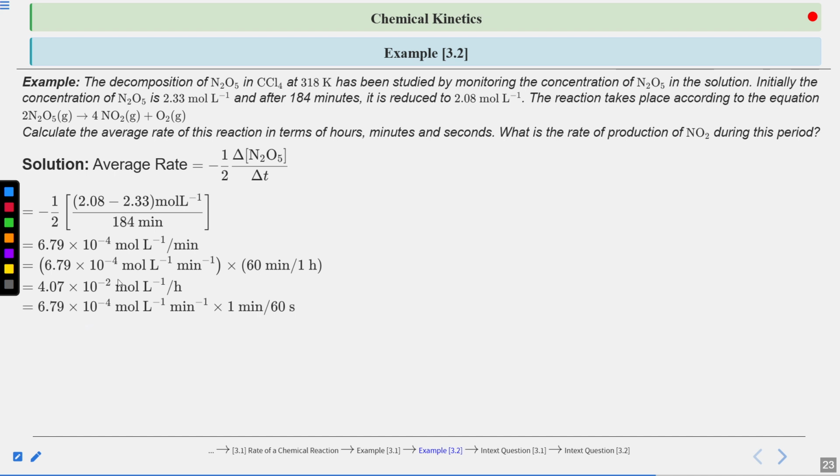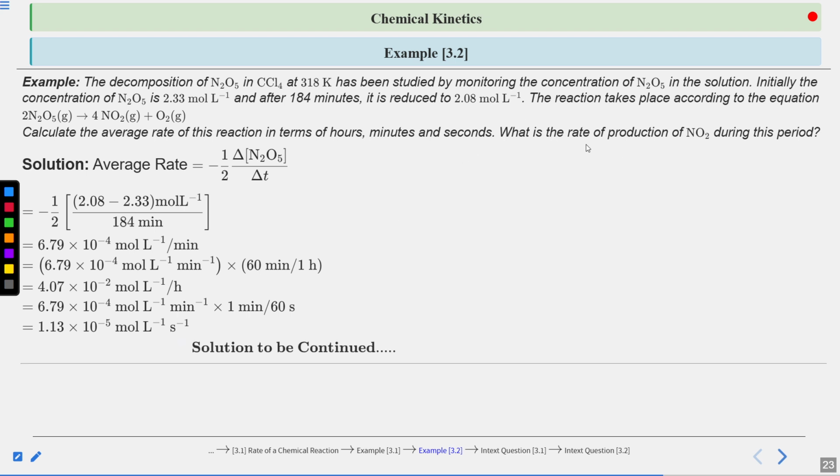For that, you take this 6.79 times 10 to the power minus 4 mole per liter per minute and multiply by 1 minute per 60 seconds. In 1 minute there are 60 seconds, right? So it will be equal to 1.13 multiplied by 10 to the power minus 5 mole per liter per second. So these are the values of the average rate in minute, hour and second.